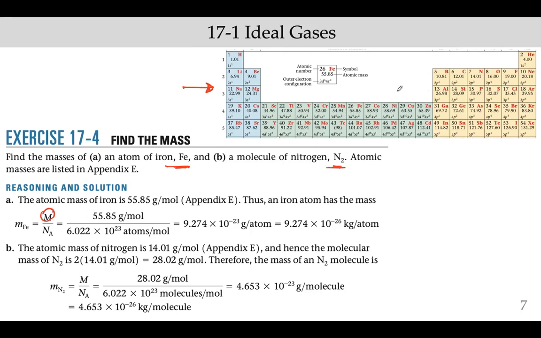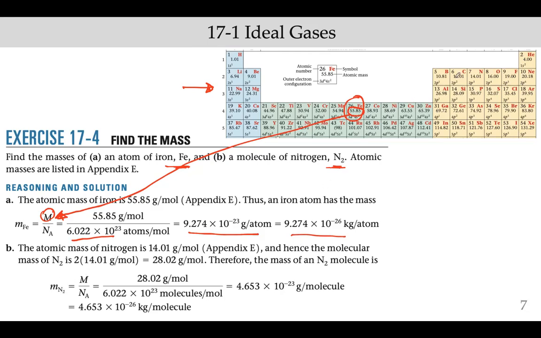So let's find iron here. This is iron, and the molecular mass is here, 55.85. So it's this value, and you divide it by the Avogadro's number, which will give you the weight of a single iron atom in grams or in kilograms. And you do the same thing for nitrogen gas.